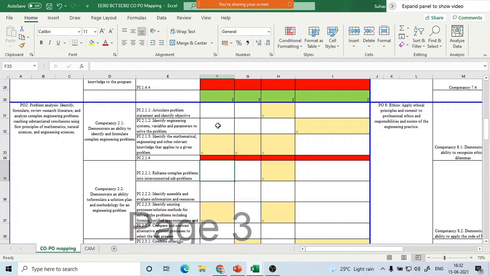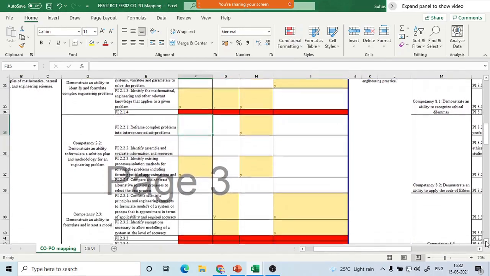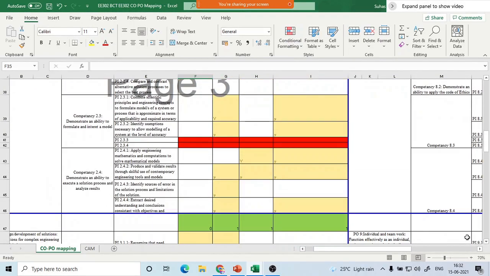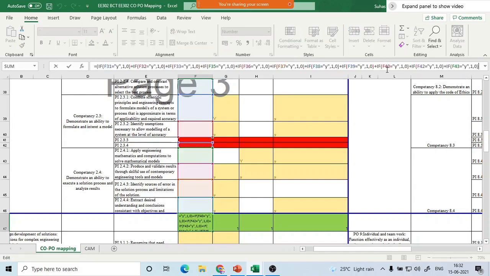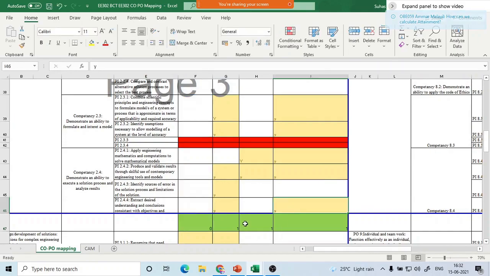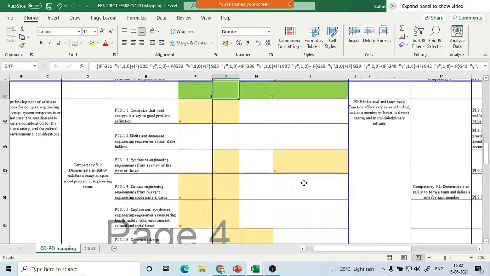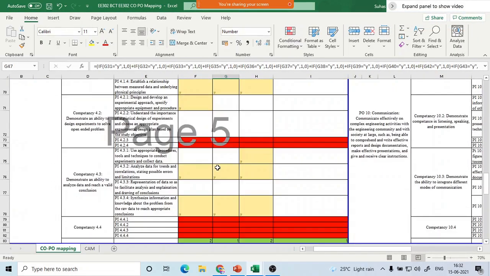Based on that, for maybe 7 performance indicators, I want to convert into 3 on the scale of 3. What I can do is a 7 by 3 multiplication or something. So here it is, you can just look at here. Here I also did the same thing. The same is here also. The same is done for all the POs.